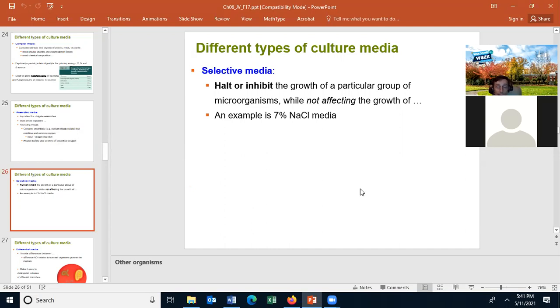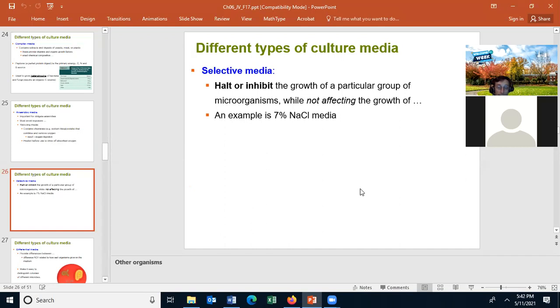That's too high a salt concentration for most microbes to grow. And so 7% sodium chloride will select against those organisms and will select for organisms that will grow at 7% sodium chloride. Any question about that?